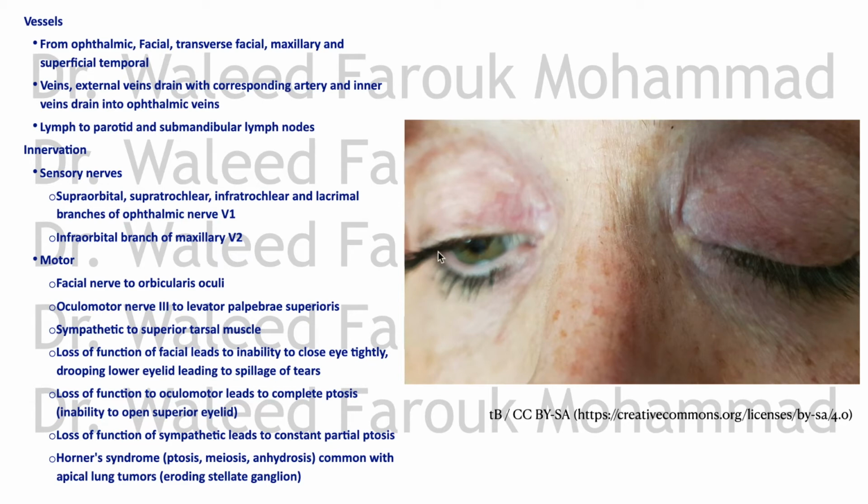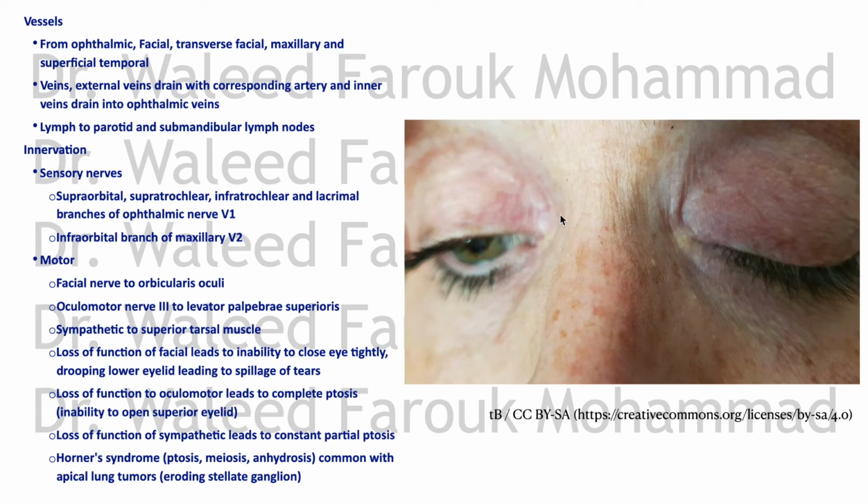The lacrimal supplies the lateral canthus. The angular artery of the facial takes a share, and even the superficial temporal and the transverse facial may supply the eyelid area. Okay, and lymphatics go to the submandibular lymph nodes.